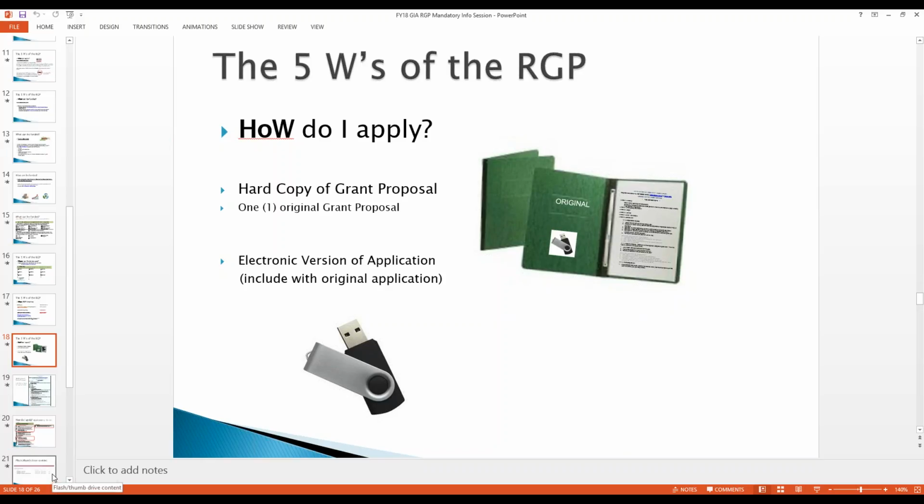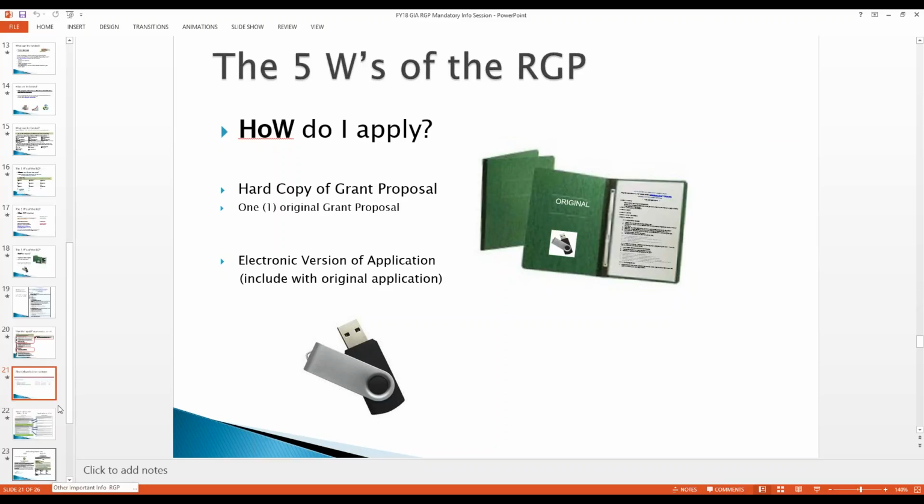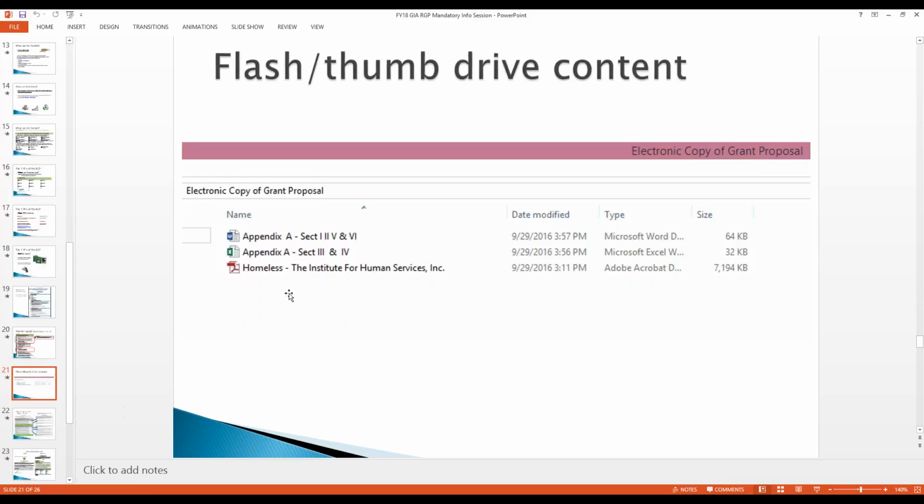Now let's take a look at the electronic version of your grant application. So once you assemble your hard copy of the grant application with all the attachments, you can scan all the pages and save as one large PDF file under the file name grant activity / name of the organization.